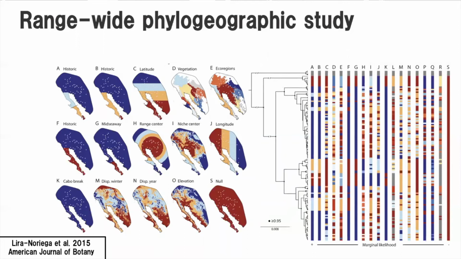So he looked at different hypothesized historic geological vicariant event boundaries across the mistletoe range, as well as other environmental factors like vegetation, elevation, and niche centers for the mistletoe.